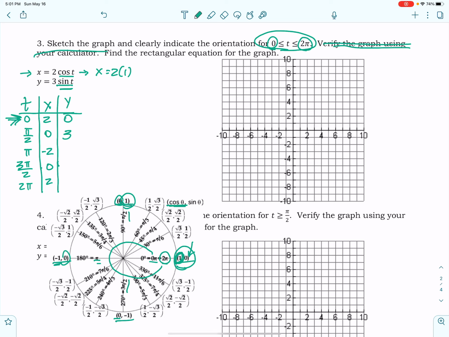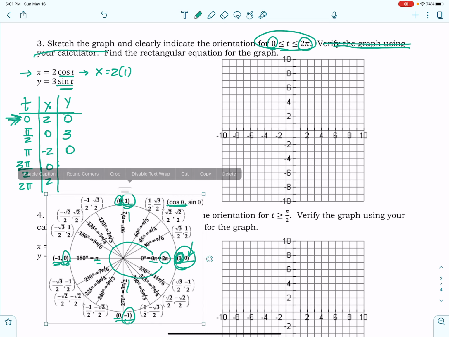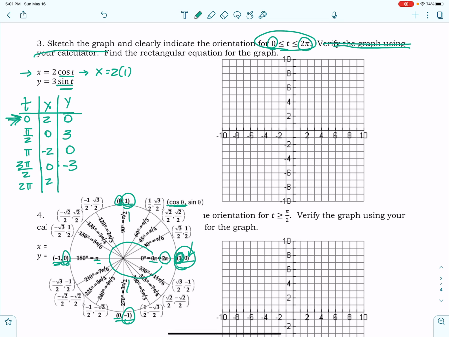At pi, it's 0 again, so 3 times 0 is 0. At 3 pi over 2, it's -1, and 3 times -1 is -3. And at 2 pi, it's 0 again, so 3 times 0 is 0.